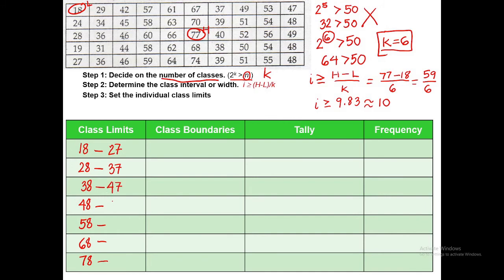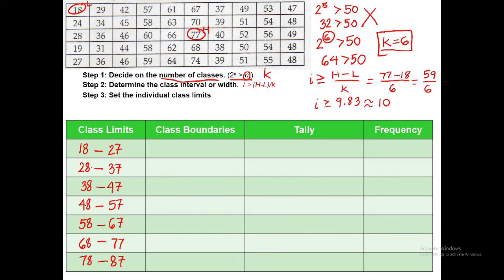Plus 10, that's 57. Plus 10, 67. Plus 10, 77. And plus 10, 87. So, this is how we get the class limits.